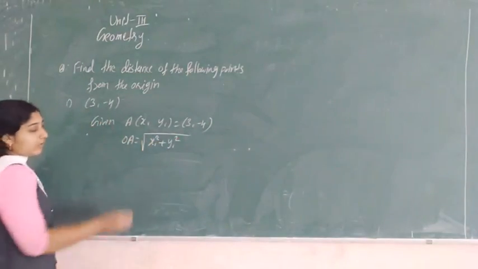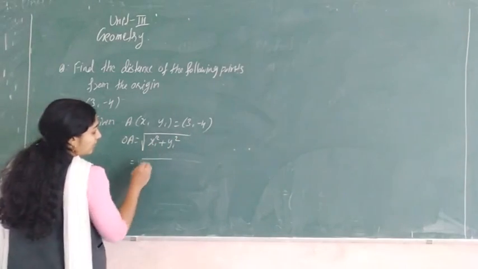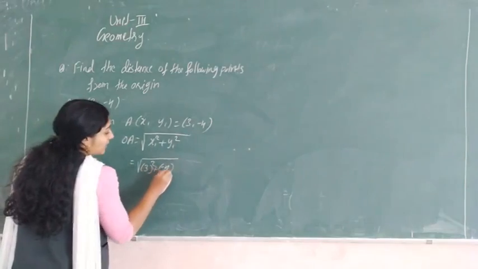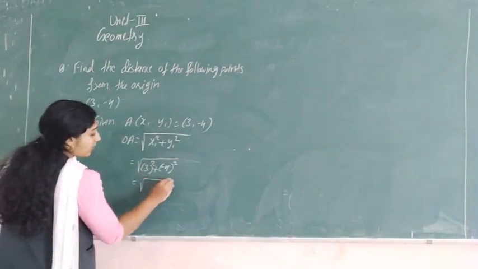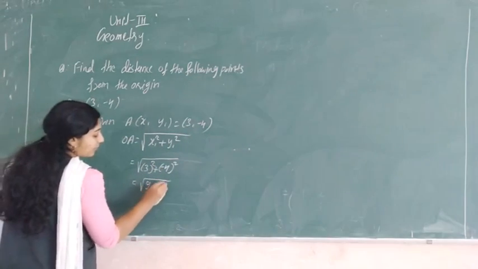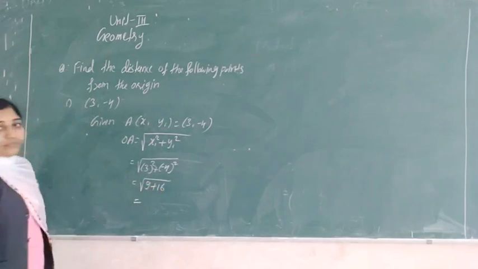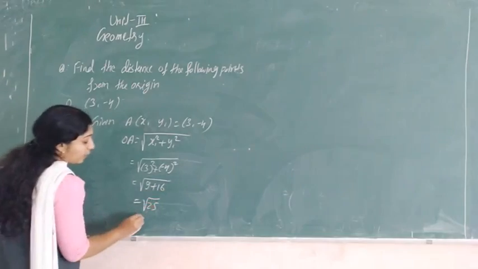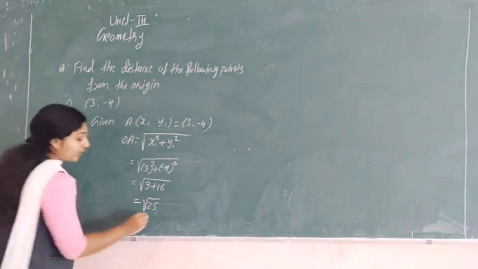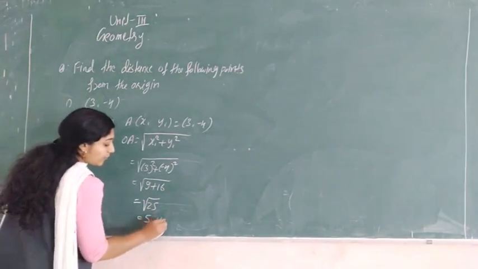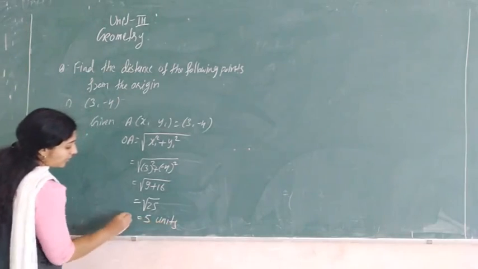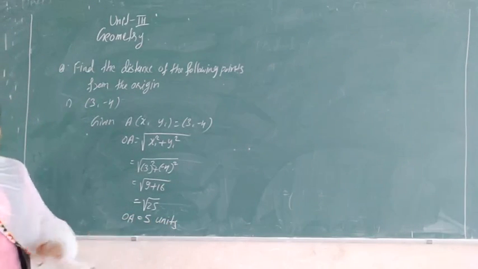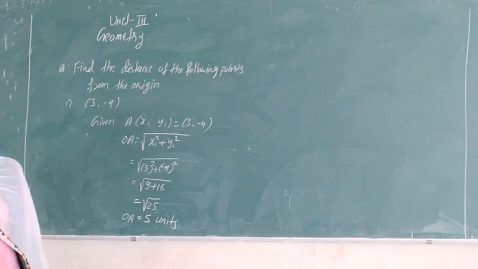Substitute the value of x1, which is 3 square, plus y1, which is minus 4 square. So 3 square is 9, minus 4 square is 16. If you add 9 plus 16, you will get root 25, and root 25 is a perfect square. The value of root 25 is 5. So the distance of A from the origin is 5 units. Only remember the formula.